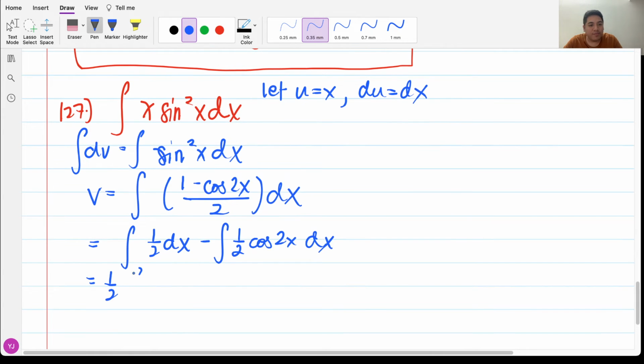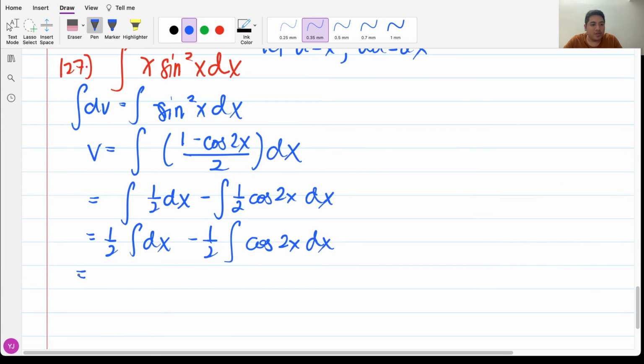So this is pretty simple. Factor out those 1 halves. And then we have cosine of 2x in here, dx. So this will become 1 half of x, minus 1 half.